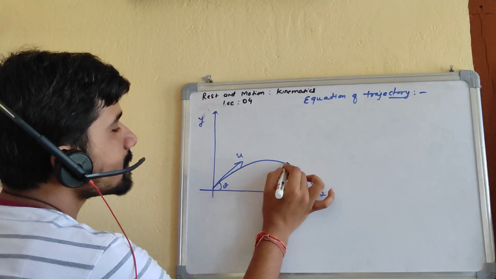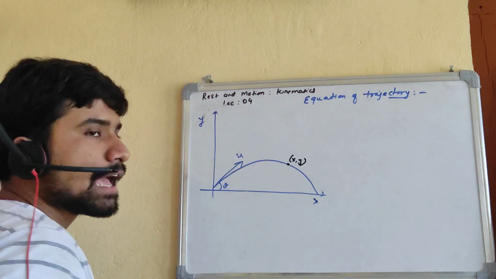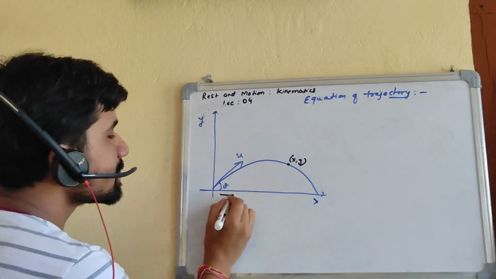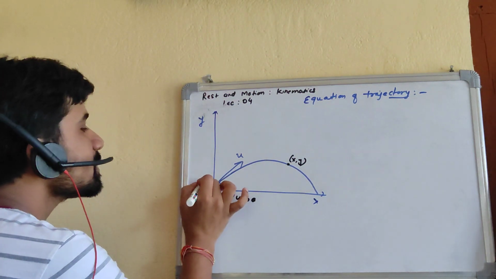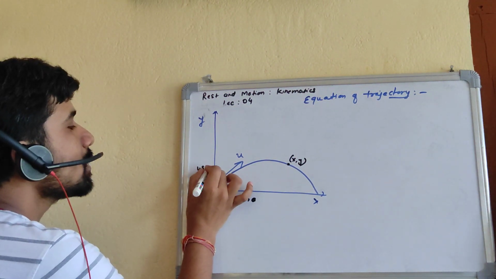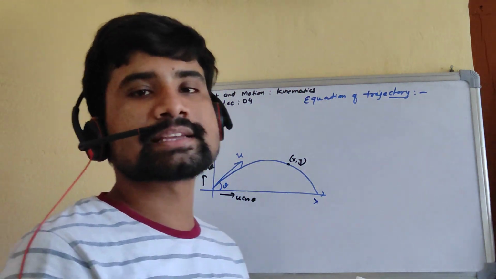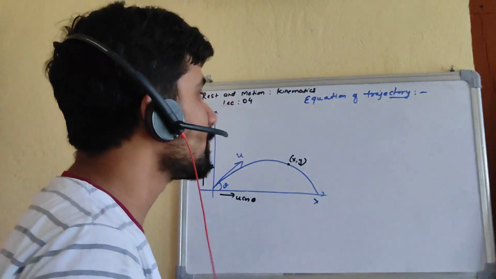Let's hold any point as x, y. We already discussed that the velocity along the x direction is u cos theta at any point, and there is no acceleration. The initial velocity along the y direction is u sin theta, which is subject to change because the y direction has acceleration due to gravity.